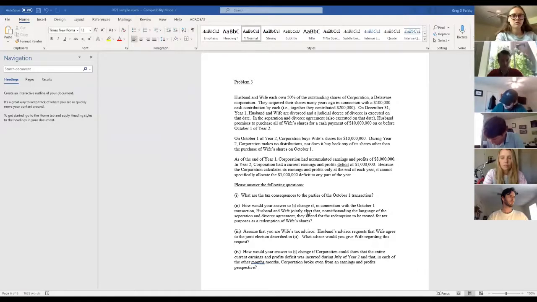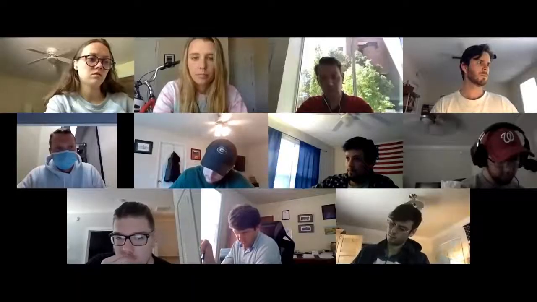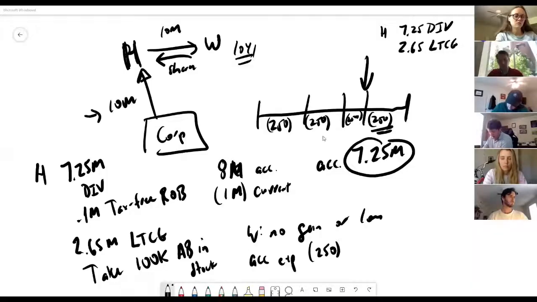Well, then we talked about that there's some private ordering you can do here. Under the regs that deal with this in the divorce context, the parties can jointly agree that they're going to treat this as a redemption, respect it as a redemption. So what if it's respected as a redemption? What consequences then?